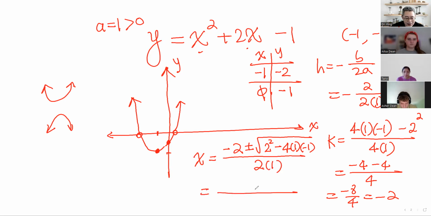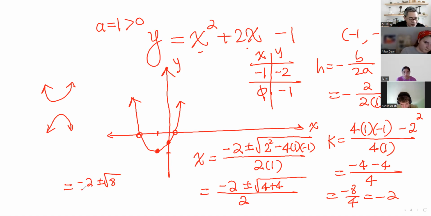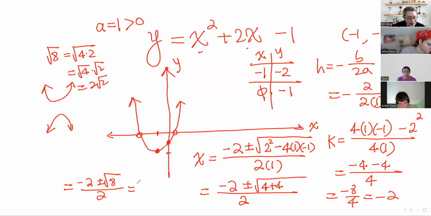So what we get here is -2 plus or minus the square root of 4 plus 4, which is 8, over 2. Now, the square root of 8 is equal to the square root of 4 times the square root of 2, which is 2 square root 2. So we get -2 plus or minus 2 square root 2 over 2. Then we get -1 plus or minus square root 2.